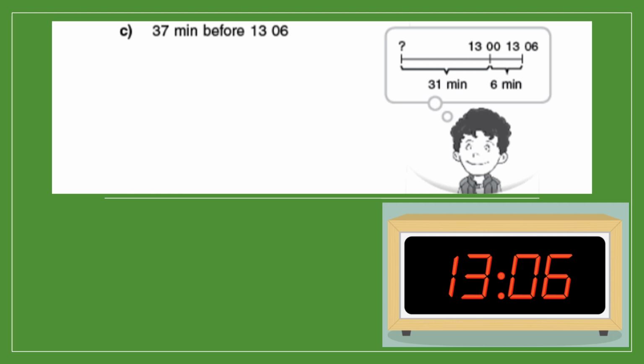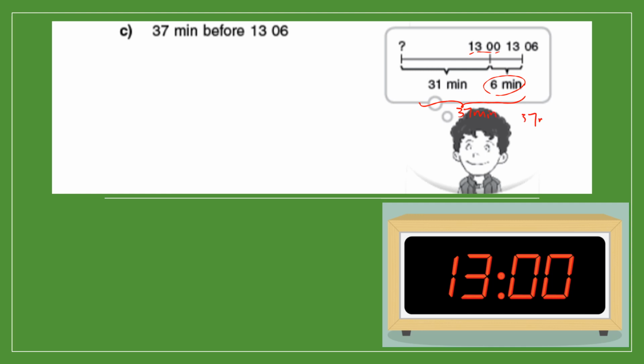So first of all, you should minus off 6 minutes from here to turn it into 1300 hours. Next, we move back 37 minutes minus 6 minutes. I'm left with 31 minutes. I need to minus another 31 minutes from the time here.